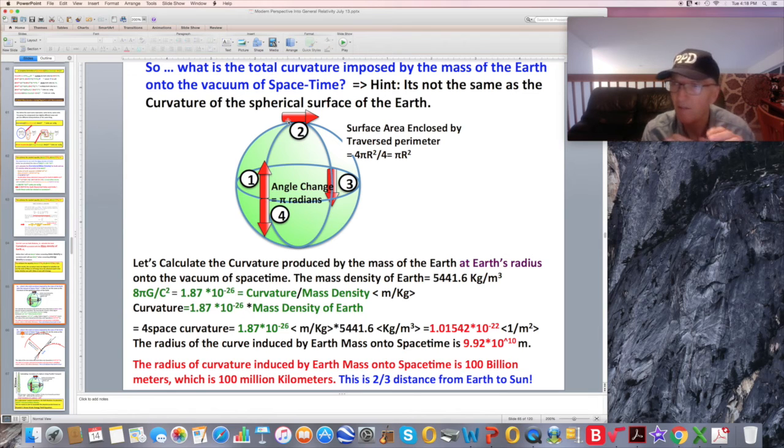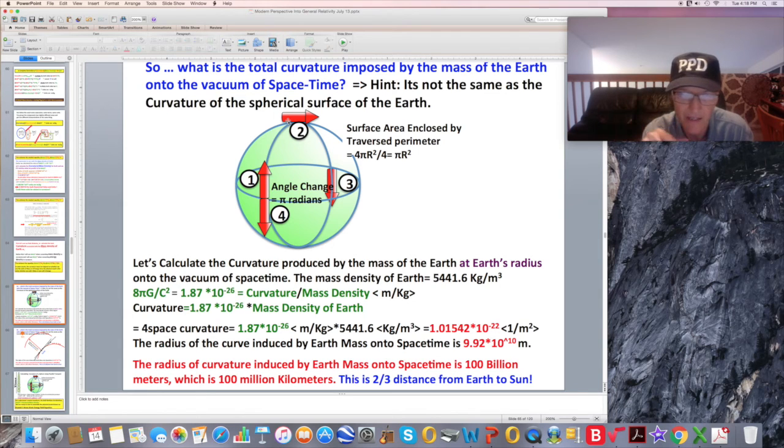So you're thinking that the space-time curvature, with the whole Earth, is going to be a giant curvature. Well, it's 1.87 times 10 to the minus 26 meters per kilogram. It's actually quite tiny.